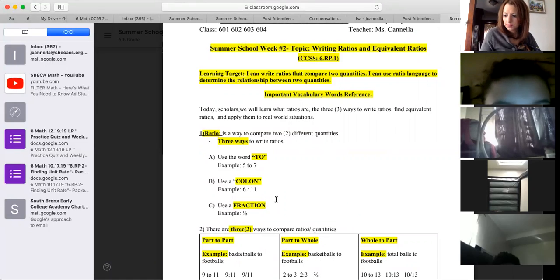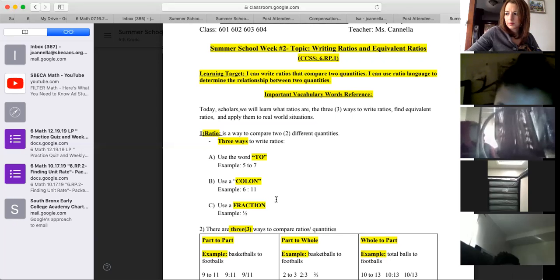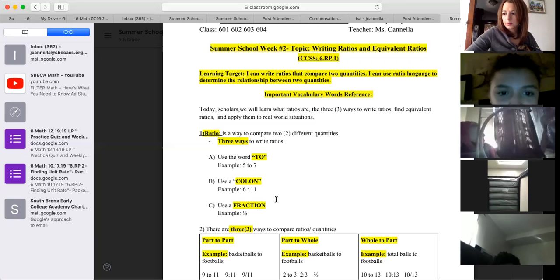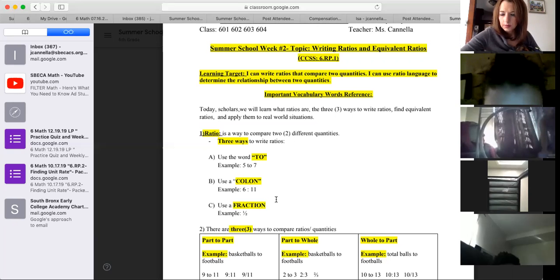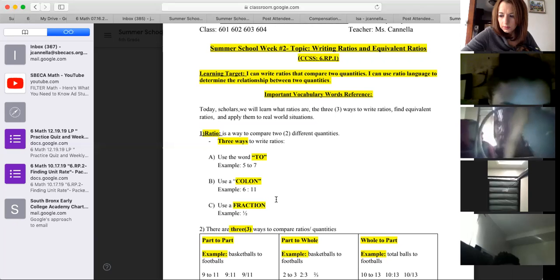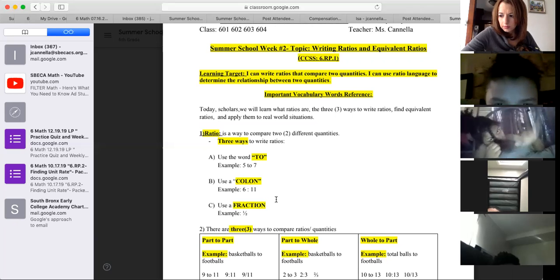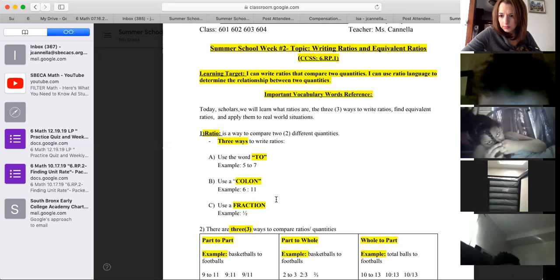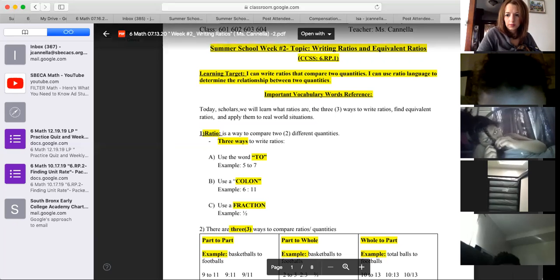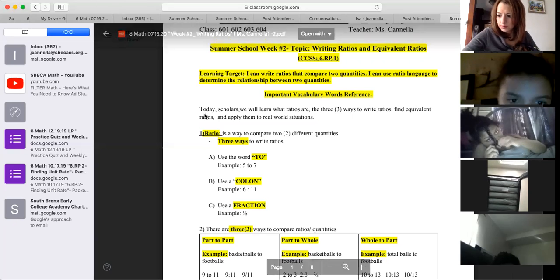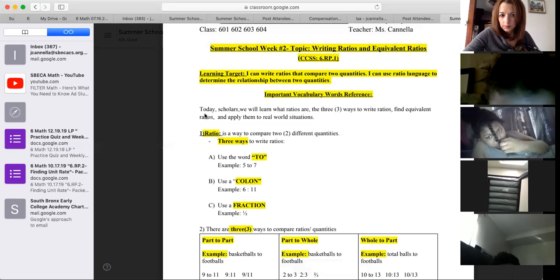Learning target. I can write ratios that compare two quantities. I can use ratio language to determine the relationship between two quantities. Important vocabulary words reference. Today, scholars, we will learn what ratios are, the 3 ways to write ratios, find equivalent ratios, and apply them to real world situations.